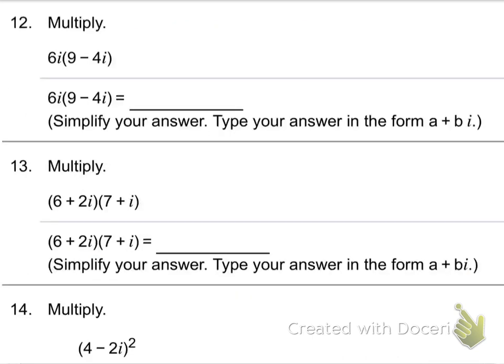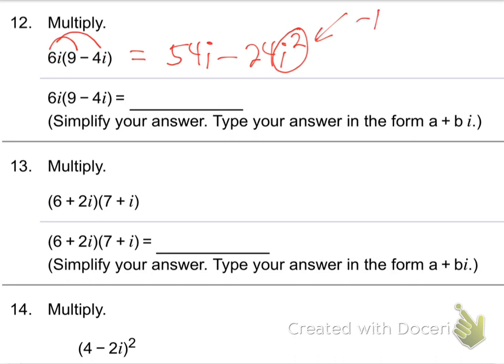All right, so number 12, I'm going to distribute, boom, boom, and 6 times 9, 54i minus 4 times 6, 24i squared. And we never leave i squared. i squared, we stick in its place negative 1.